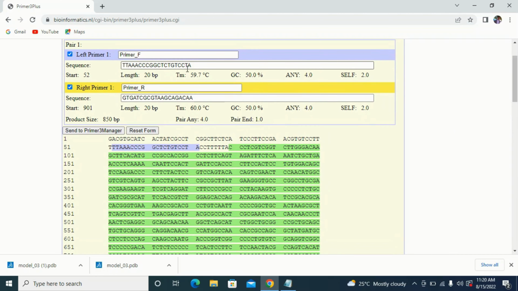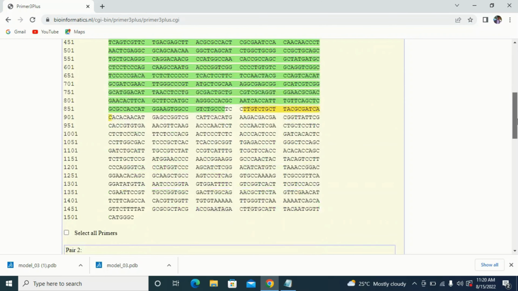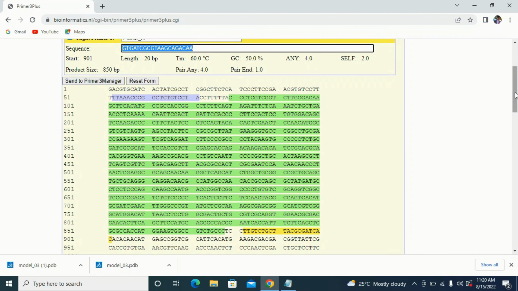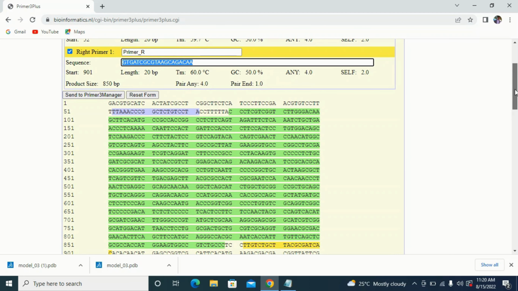So if you're now performing your PCR, this is the primer you make use of, this for the left and this for the right. This is the primer you have got from this particular gene or this particular FASTA sequence you identified from your organism, or the DNA sequence of what you are working with.